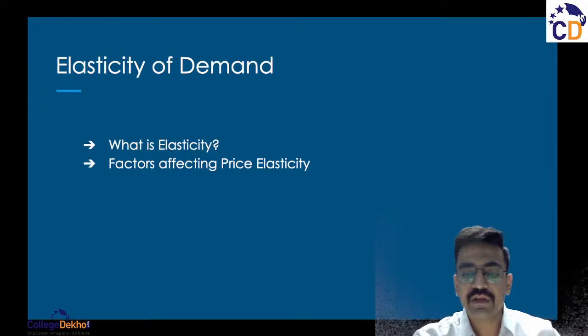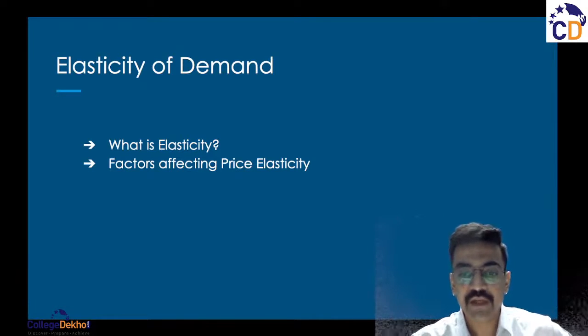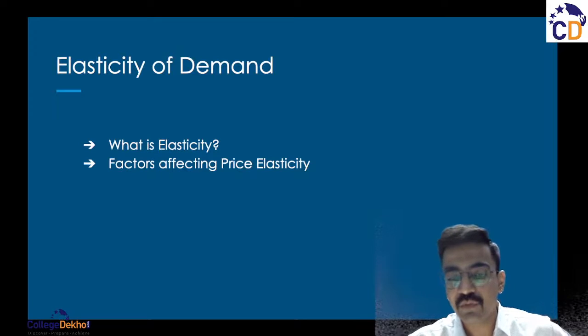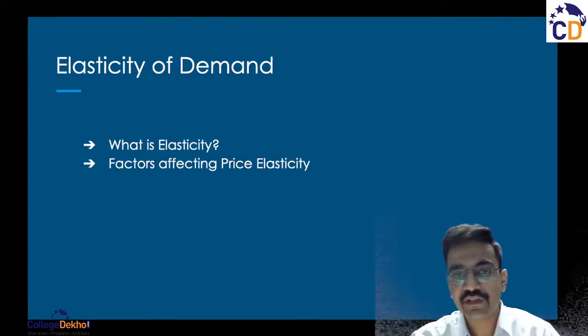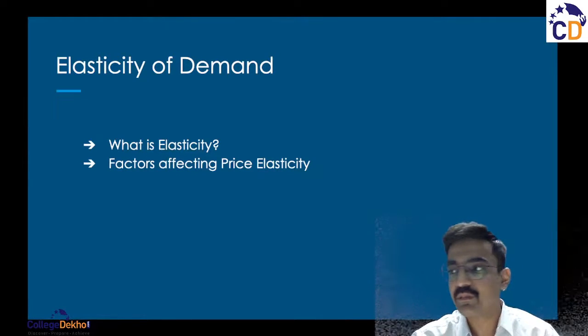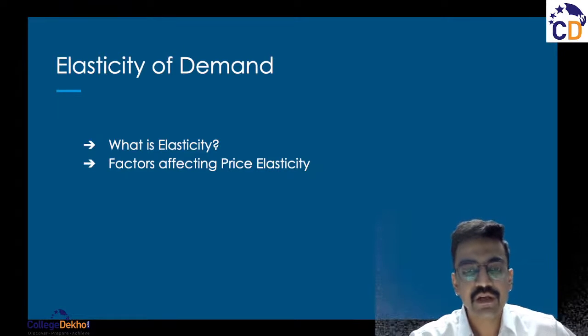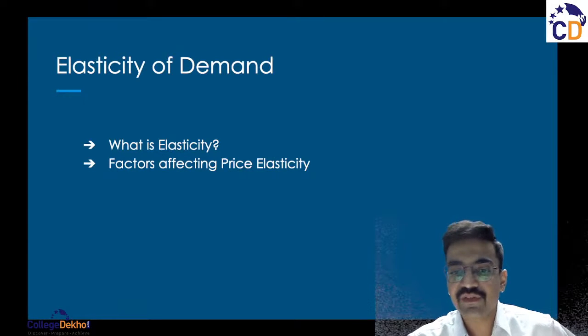Because if a consumer has to invest a lot of time in finding a substitute of the first commodity, then the price elasticity of demand is more, right? So the more the time, I'm sorry, there is a direct relationship. So the more the time that a consumer takes to find a substitute, the more the price elasticity of demand would be.